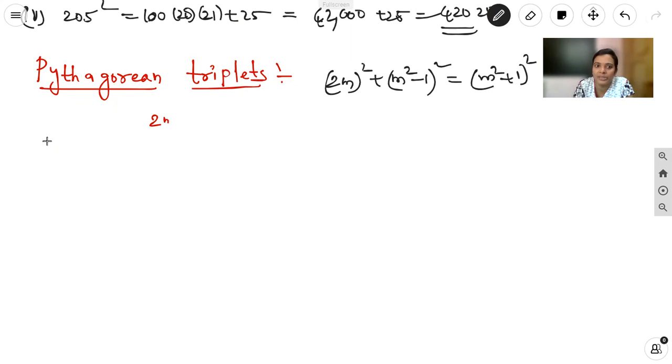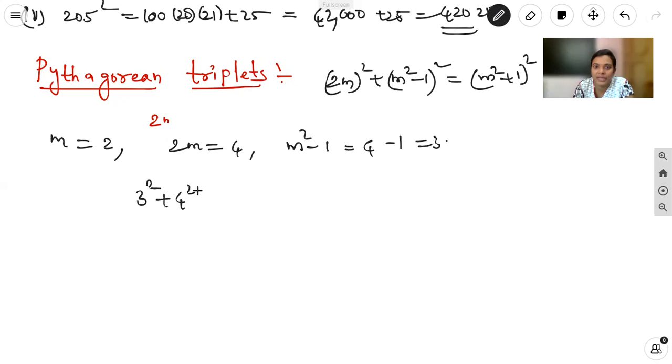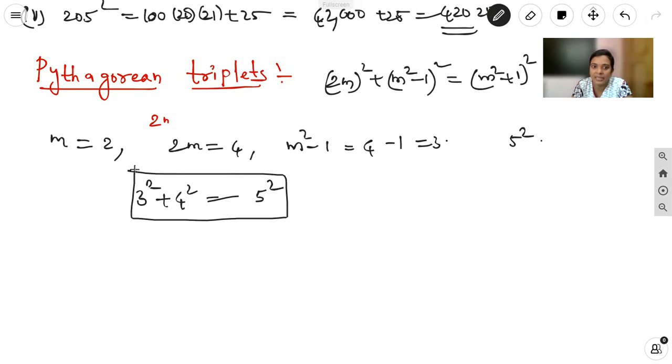Whatever number you choose, suppose m equals 2. Then 2m equals 4, and m square minus 1 means 4 minus 1, it's 3. So 3 square plus 4 square, because 2m whole square means 4 square, and m square minus 1 means 3 square, equals m square plus 1, that is 5 square. So 5 square. This is the Pythagorean triplet.